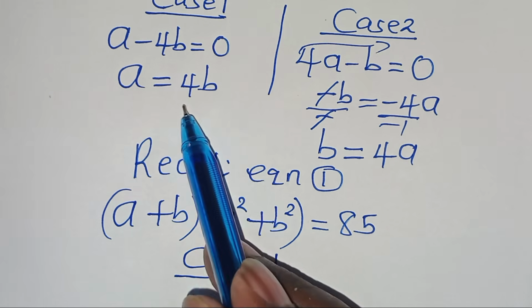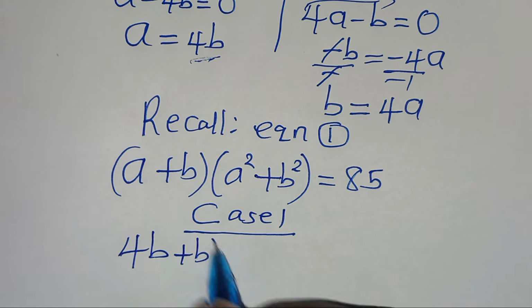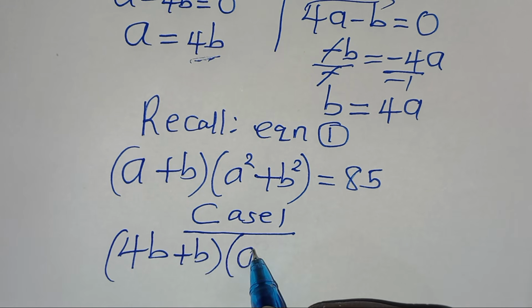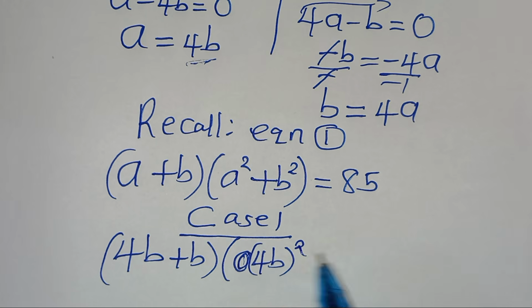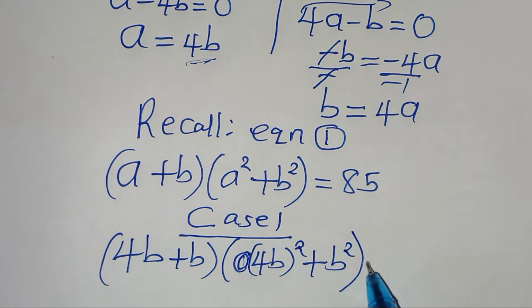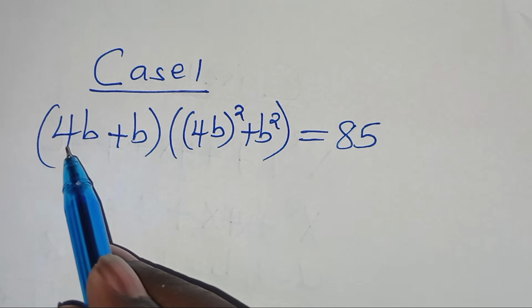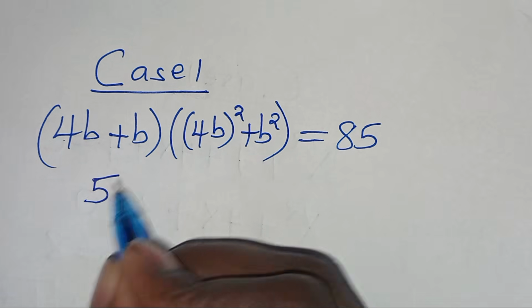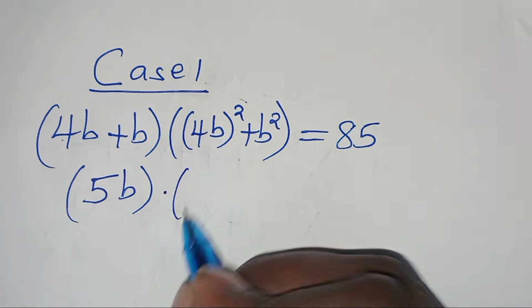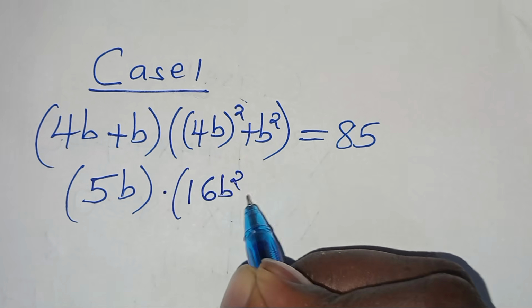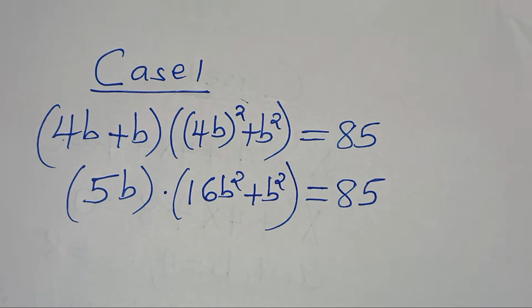Let's substitute a, which is equal to 4b, so that we have 4b plus b multiplied by 4b raised to the power of 2, then plus b to the power of 2, this is equal to 85. Now this means that we have 4b plus b, this becomes 5b, multiplied by 16b squared plus b squared, this is equal to 85.